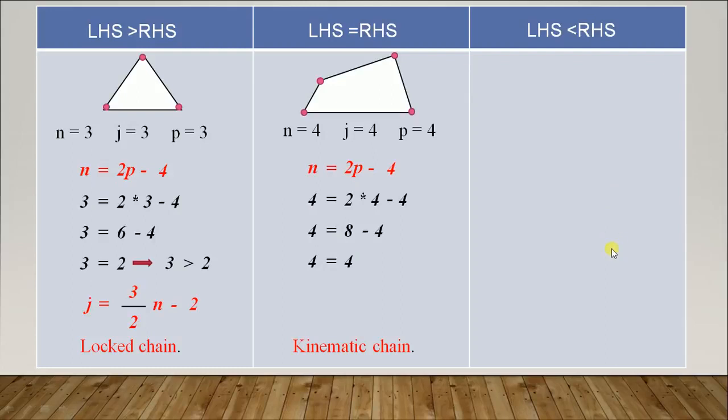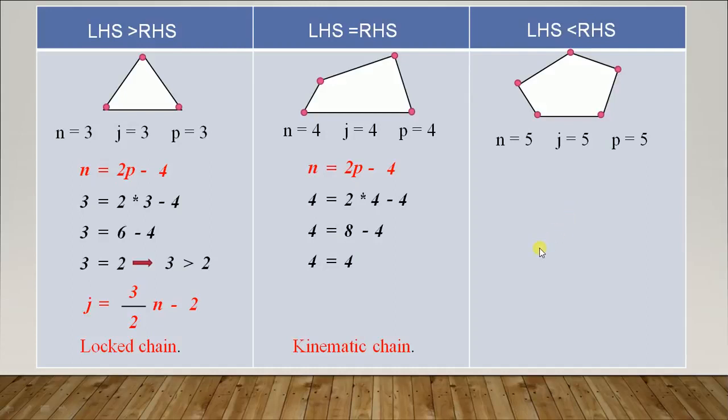For this we take one more example, that is 5 links connected together in this particular format. The number of links is equal to 5, and the number of joints, if you count 1 2 3 4 5, is also 5, and the number of pairs also becomes equal to 5.